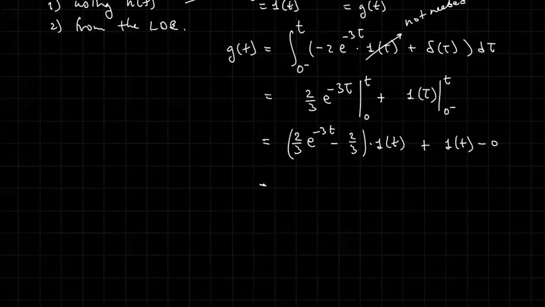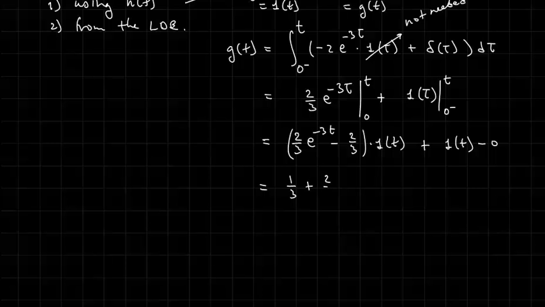Now we can put that all together, and what we have is 1/3 plus 2/3 e to the minus 3t, the whole thing, times the unit step.